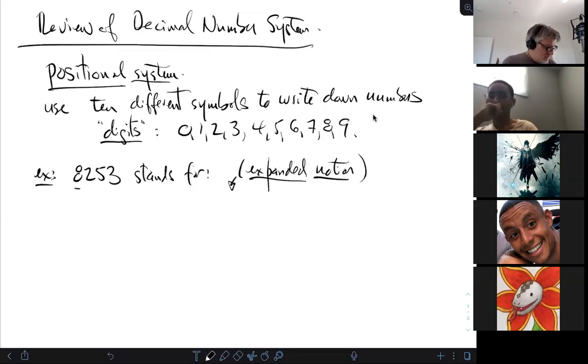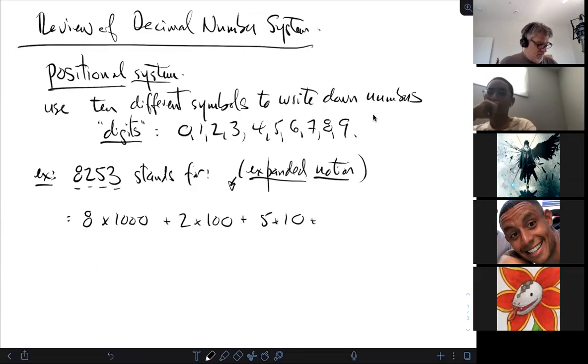So for the positional system, this is 8 times 1,000. The 2 here is in the position for the 100s, right? And then the 5 is in the position for the 10s, and the 3 is in the position of the 1s, right? And of course, you remember powers.